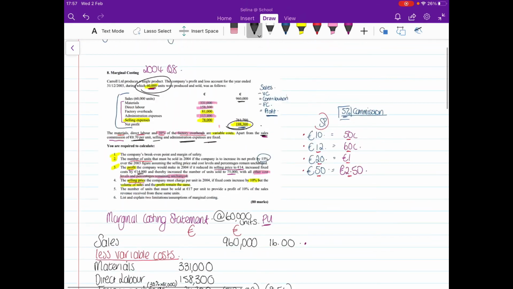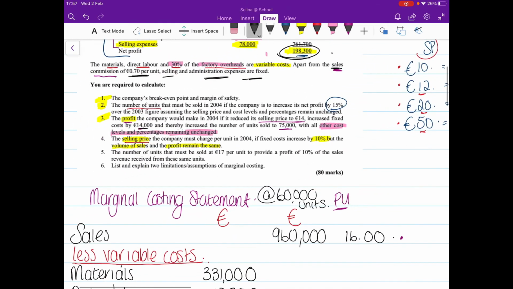We're now on to part 5. In part 5, they want us to find out the number of units that must be sold at €17 per unit to provide a profit of 10% of the sales revenue received from these same units.